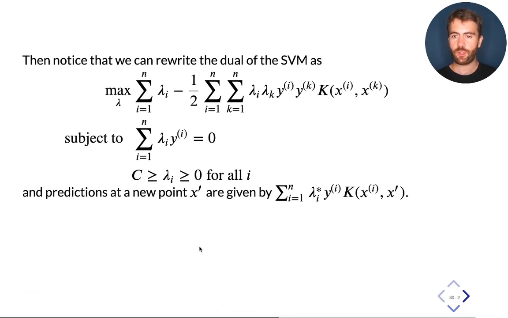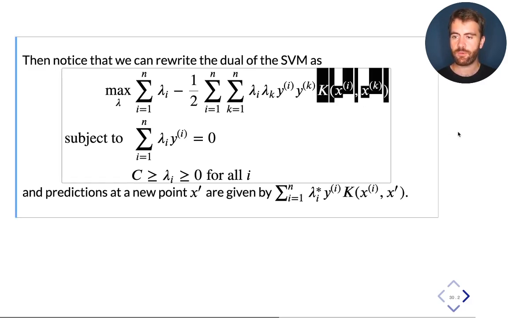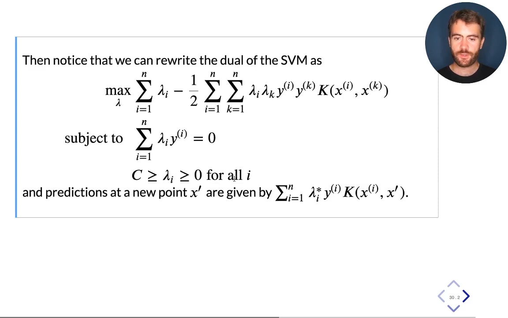And now, given that we have a kernel function, we can define our optimization problem in this particular form. Here, I have simply replaced the dot product with the kernel function, and we're going to be constructing this kernel function in a way that this is really fast, so we're going to be able to solve this optimization problem quickly.